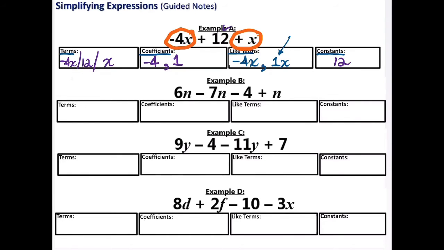Okay? So that one I spent a little bit of time on because we were kind of explaining every bit of it, but now we can go more quickly through some of these. So the terms in expression B, we have the expression 6n minus 7n minus 4 plus n.